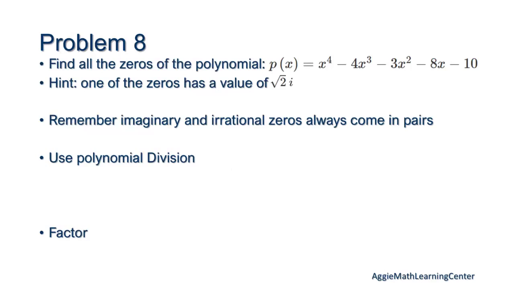If you're trying to find the values of the imaginary zeros, you'll have a certain set of rational zeros, maybe a certain set of irrational zeros, and if you divide that from the whole function, that will leave you with a quadratic that you can then solve, using the quadratic formula, for the values of the imaginary zeros. In this problem, we're actually going to do the reverse of that. We're given the imaginary zeros, and we're trying to find the rational and irrational zeros.